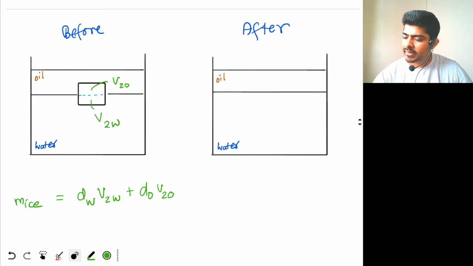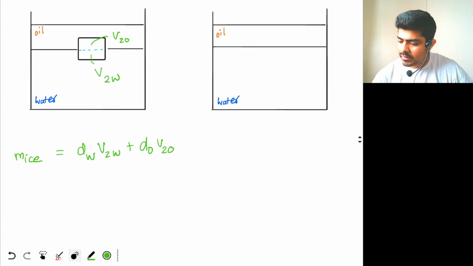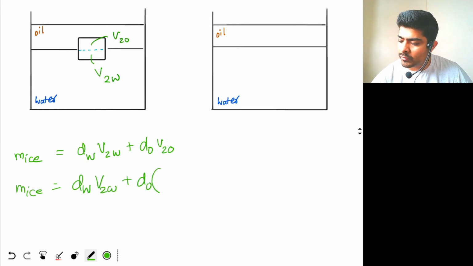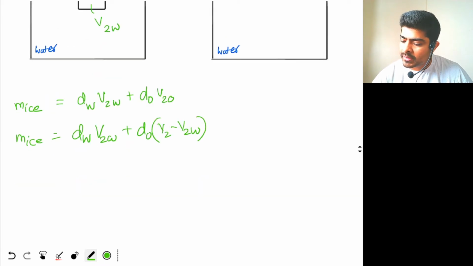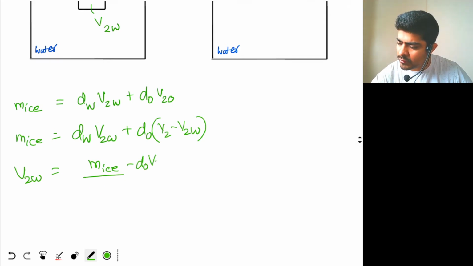So from here we can write down that we need to find V2W. Okay, M ice will be dW V2W plus dO V2O, what is V2O? V2 minus V2W. Correct. So I will get V2W is equal to, from here, actually it should be dO V2 divided by dW minus dO.